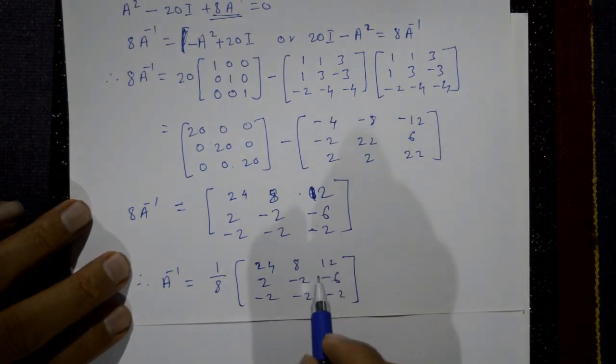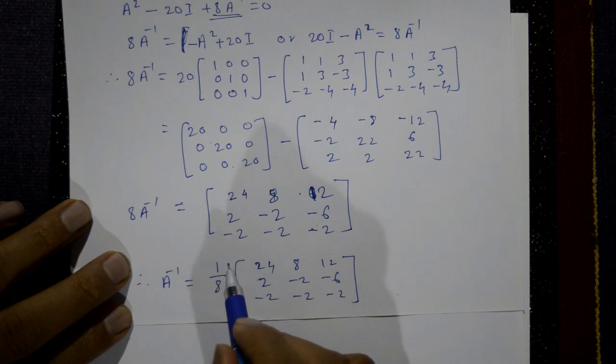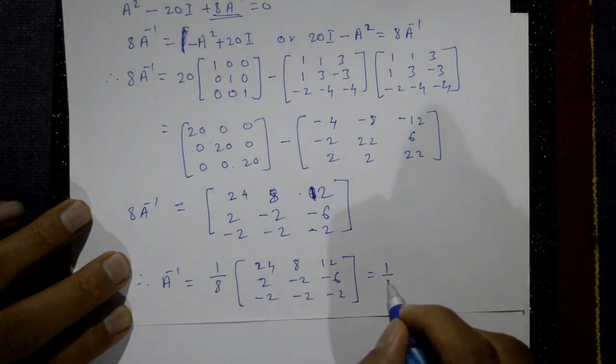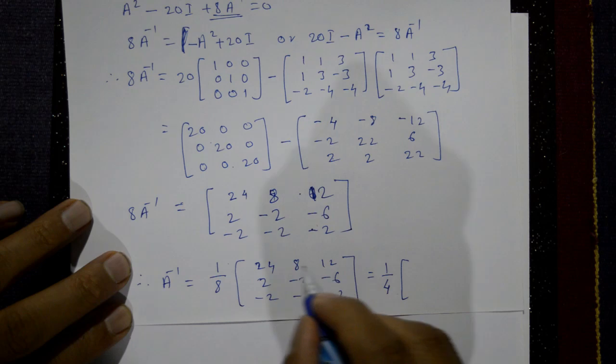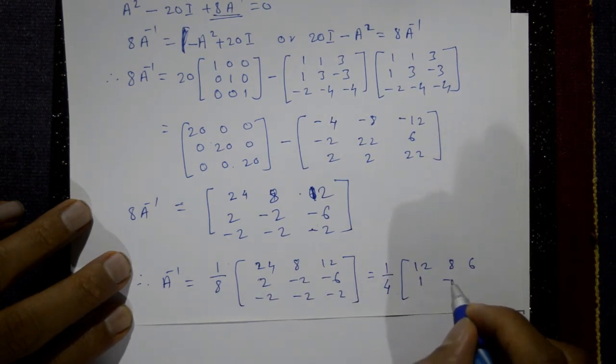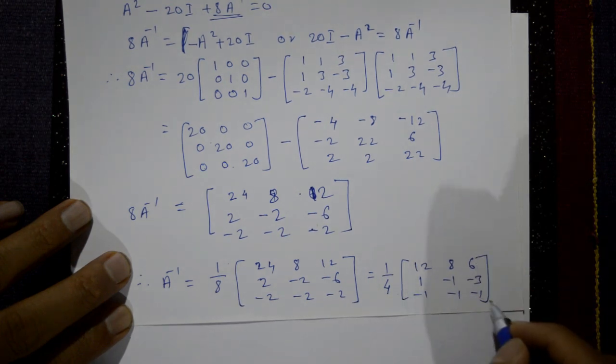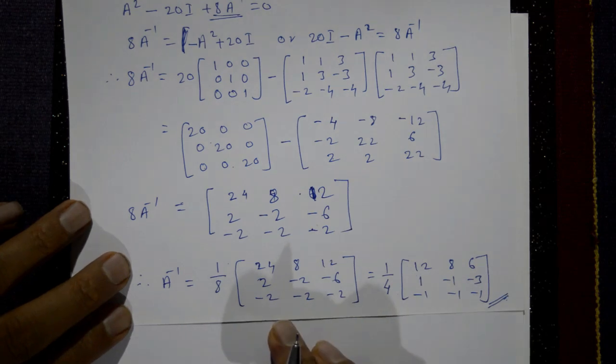Now each row you take 2 common, take 2 outside, 2 by 8 is 1 by 4. Inside: 12 8 6, 1 minus 1 minus 3, minus 1 minus 1 minus 1. This is the inverse of A.